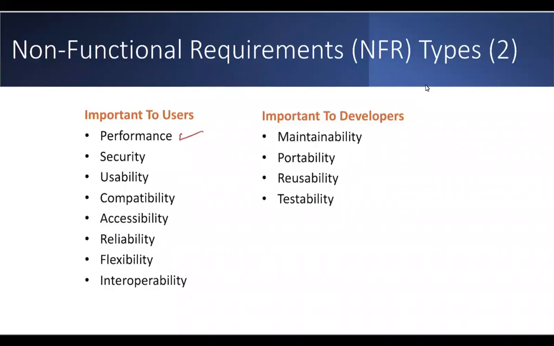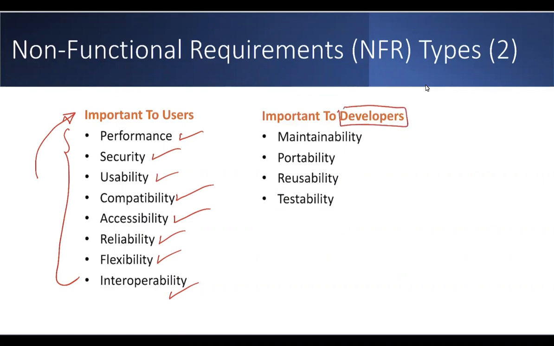Performance is important from the user perspective, as are security, usability, compatibility, accessibility, even reliability, flexibility, and interoperability. All of these non-functional requirements are really important to the users. What is really important to the developers in the design phase includes the maintainability, portability, reusability, and testability of the requirements.